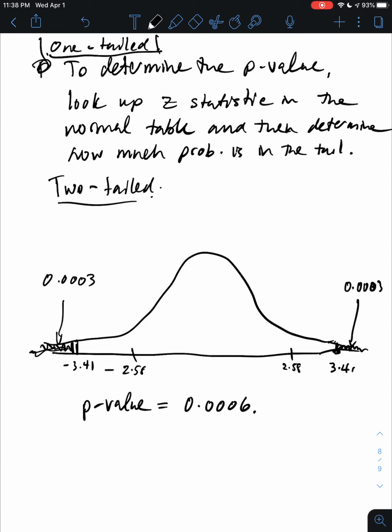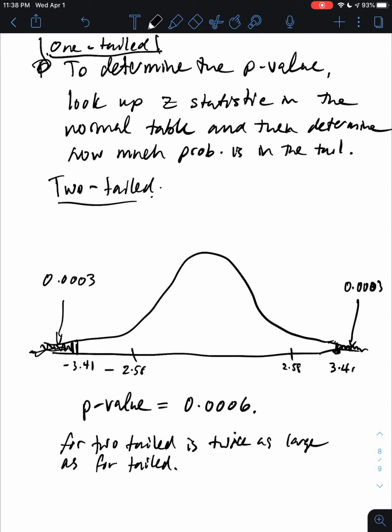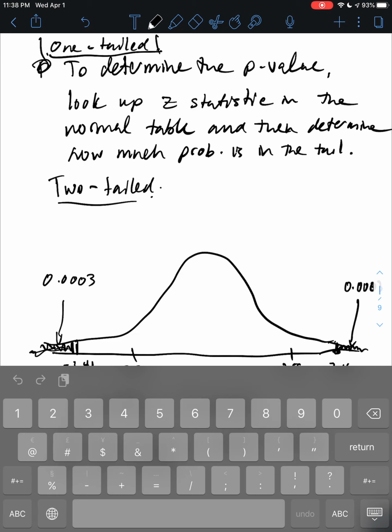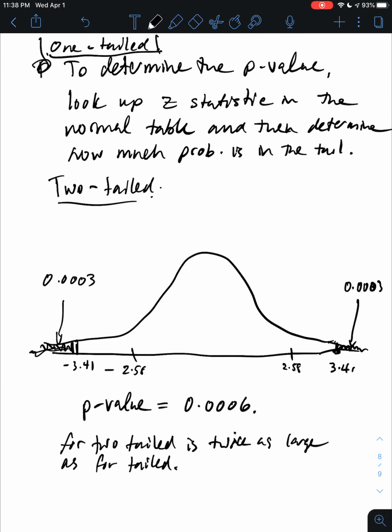So in general, the p-value for two-tailed is twice as large as for one-tailed. So we just calculate it as if it were one-tailed, and then we double it. So that's how we calculated a p-value for our two-tailed test.